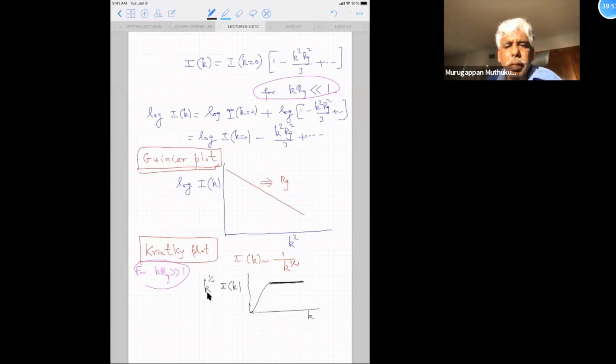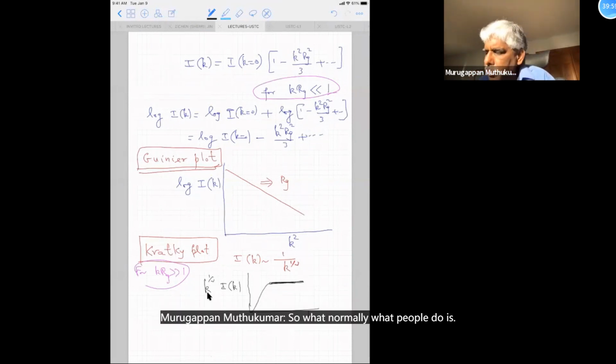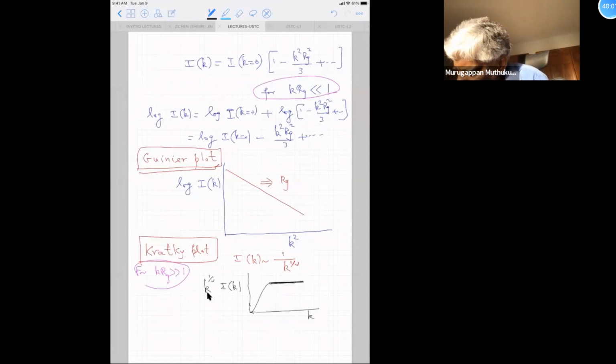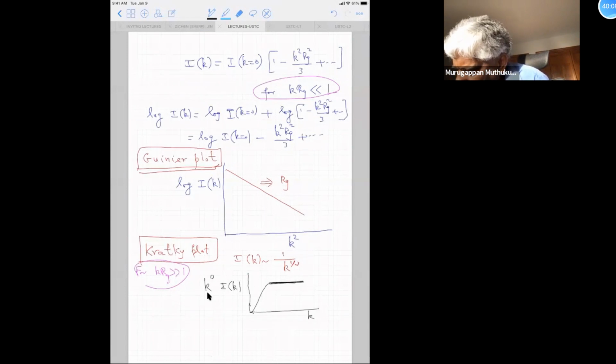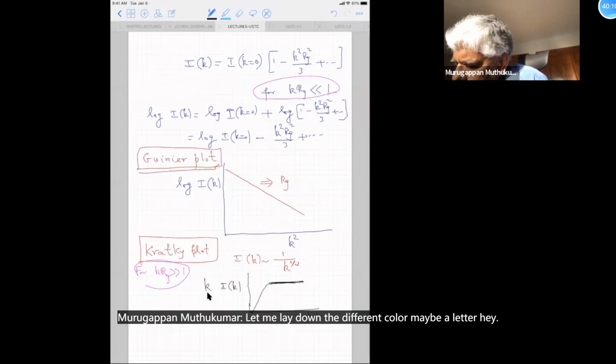So normally what people do is, they don't write 1 over nu. They write this to be, say, some number A. Let me write it down with a different color.